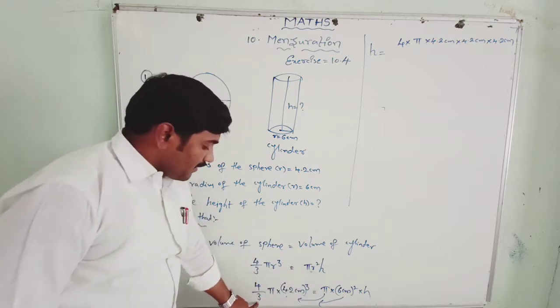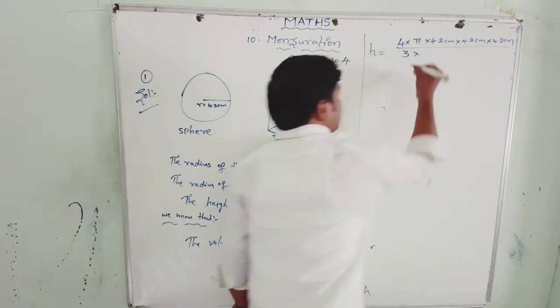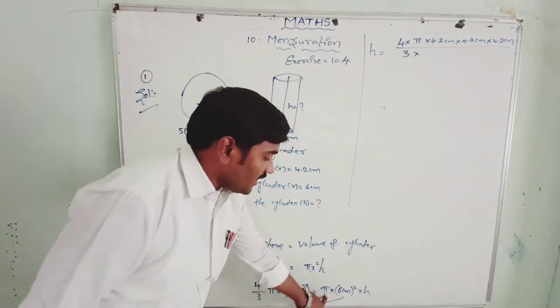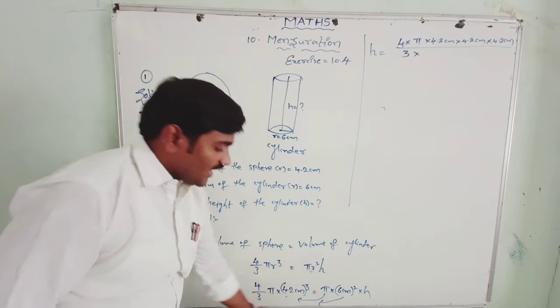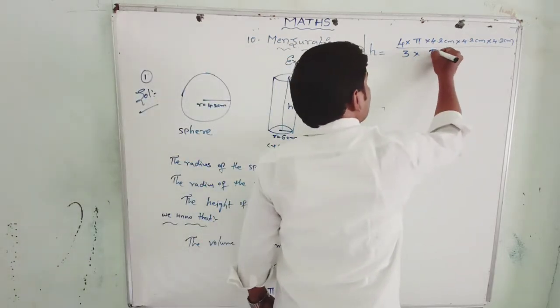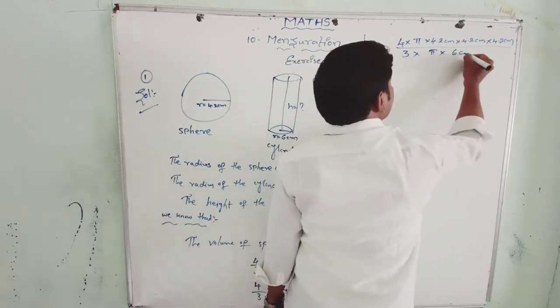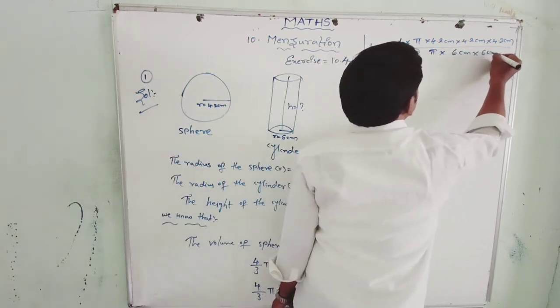Then by 3 is here. These two are multiplied to h. So if you transfer to the other side, it becomes a division: pi into 6 centimeters into 6 centimeters into 6 centimeters.